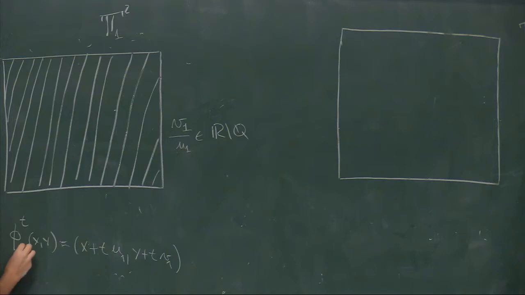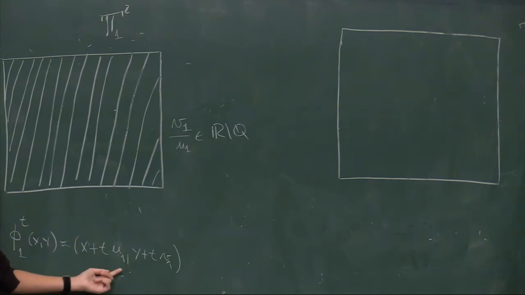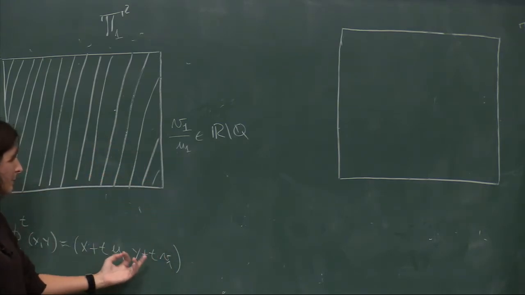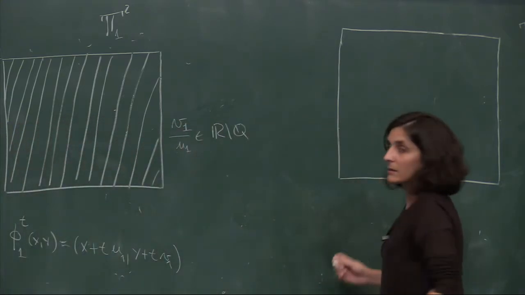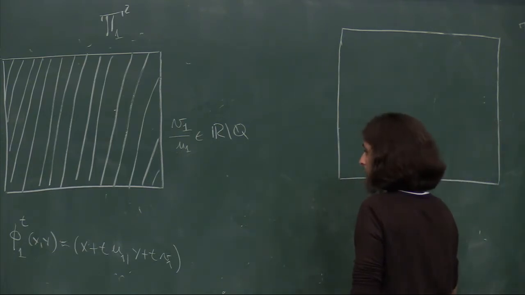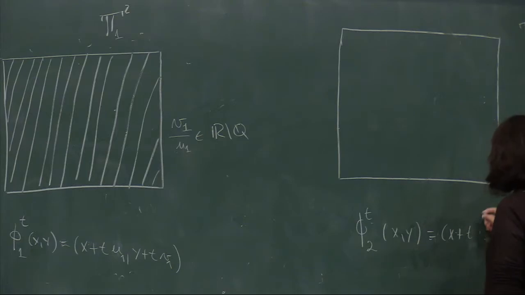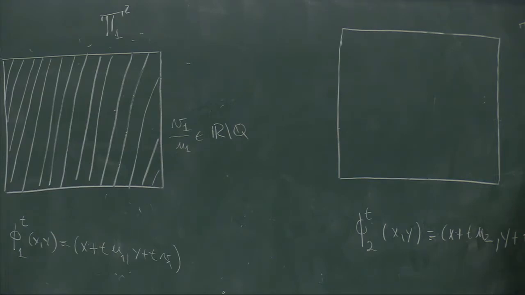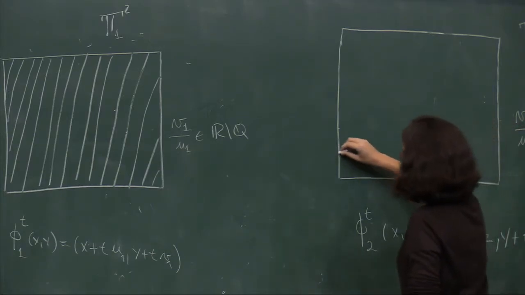And this is my phi 1. On the second torus I'll consider the same thing but with a u2, v2, and another irrational flow. They may be the same, but since they can be different, I'll just call them u2, v2. So this is phi t 2 at xy: x plus t u2, y plus t v2, where v2 over u2 is irrational. And now let me draw it this way.